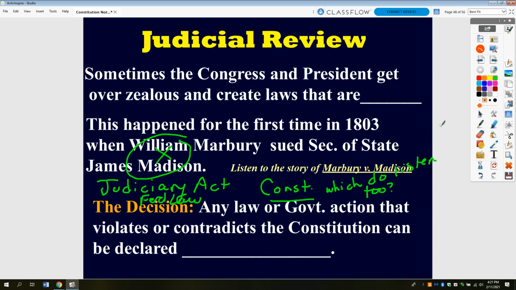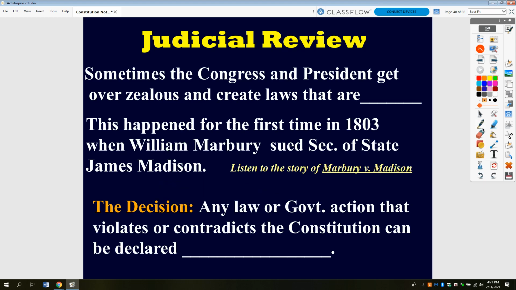And for the first time in the history of the United States, the Supreme Court, a federal court, decides that any law or government action that violates or contradicts the Constitution, this is important, can be declared unconstitutional.